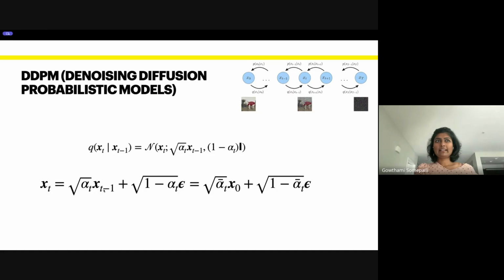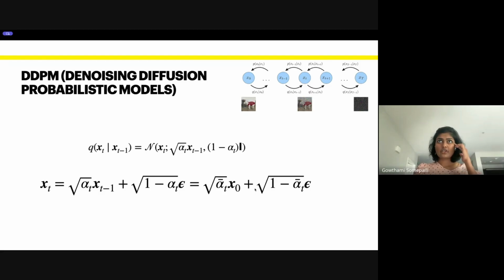You can keep doing this, replacing xt minus 1 with an equation in xt minus 2, then xt minus 3, and so on, all the way to x naught. So we can write in closed form, and compute xt at any given point in time: given your input image, you scale it with a time-dependent constant, plus another time-dependent constant scaled by a noise sample from a Gaussian distribution.